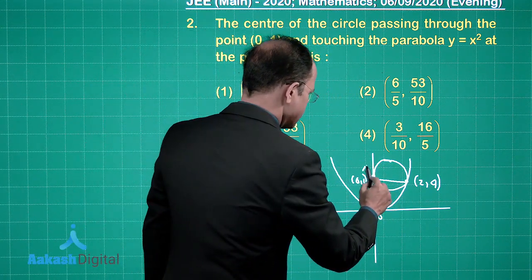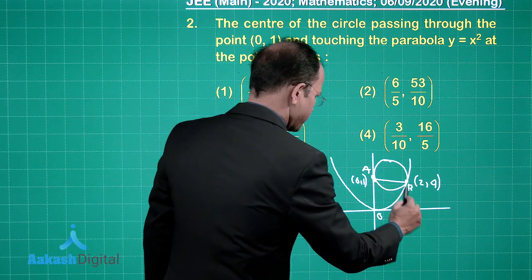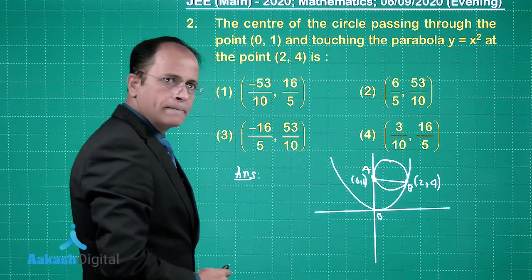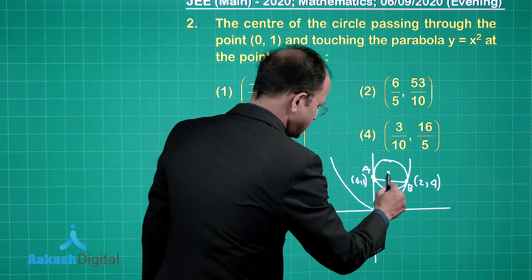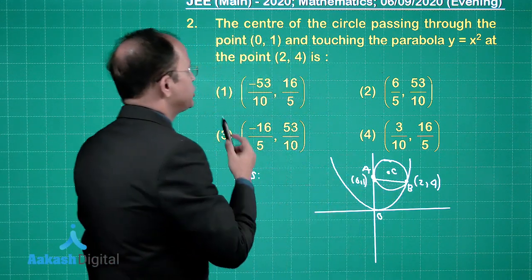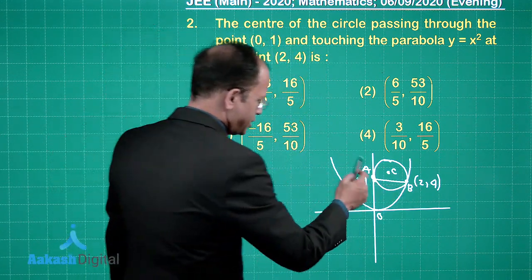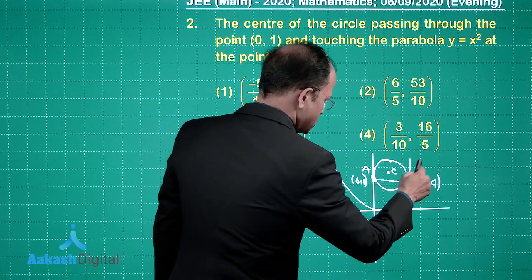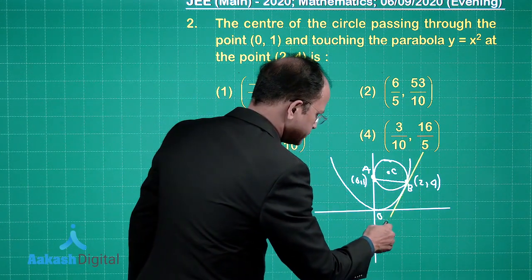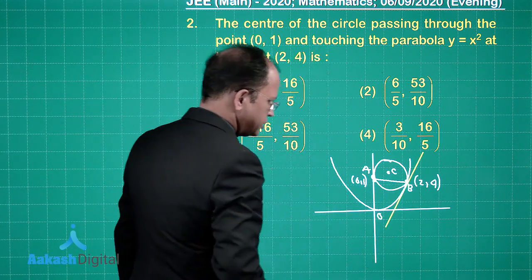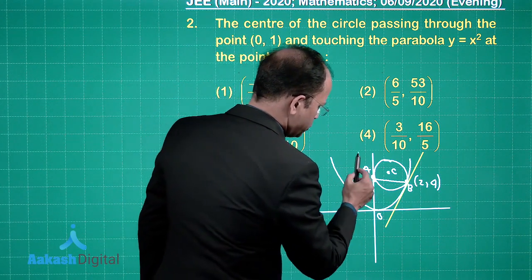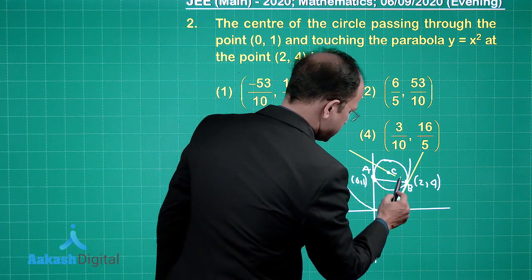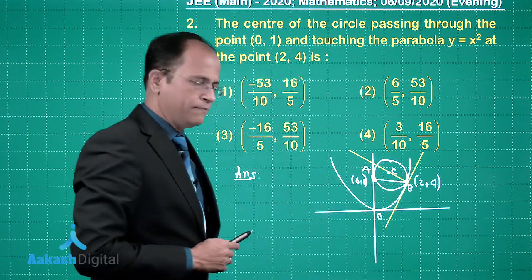Let me take it as AB. Now if I talk about the center here, because we need to find the center, so this is the center we are talking about, we can just draw a tangent at this point. Then again, if I talk about the normal in the circle always passes through the center.